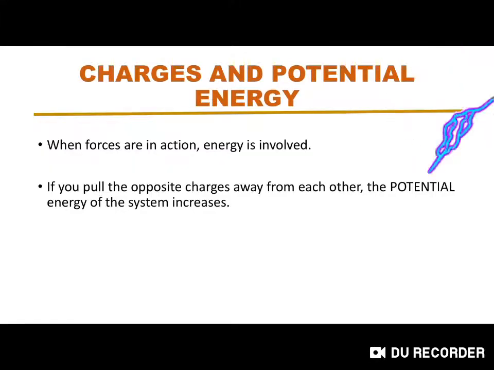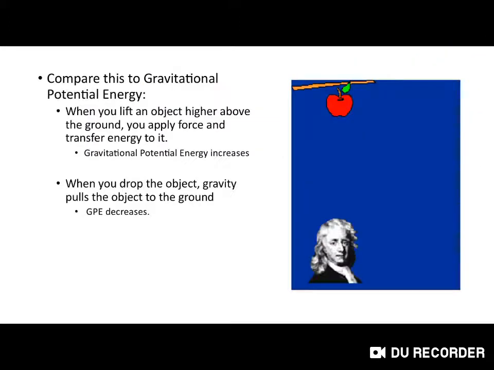Charges and potential energy. When forces are in action, energy is involved. If you pull opposite charges away from each other, the potential energy of the system increases. Compare this to gravitational potential energy.